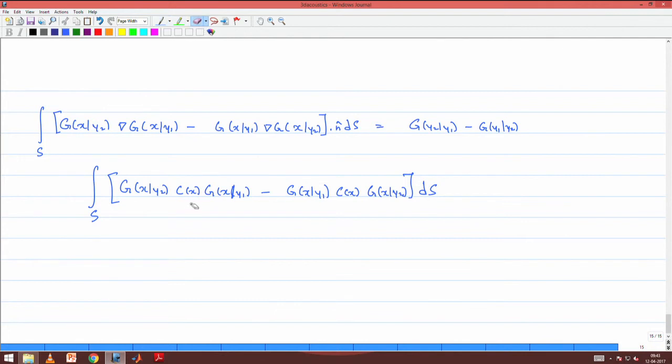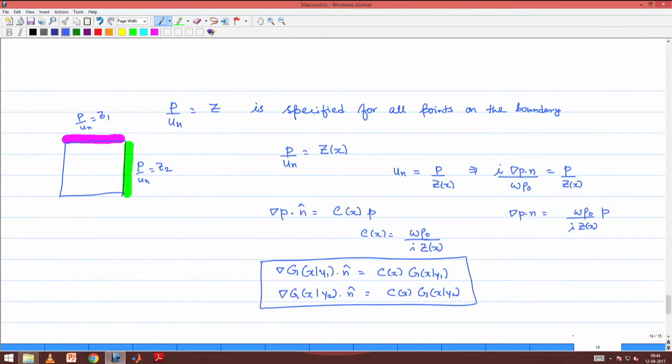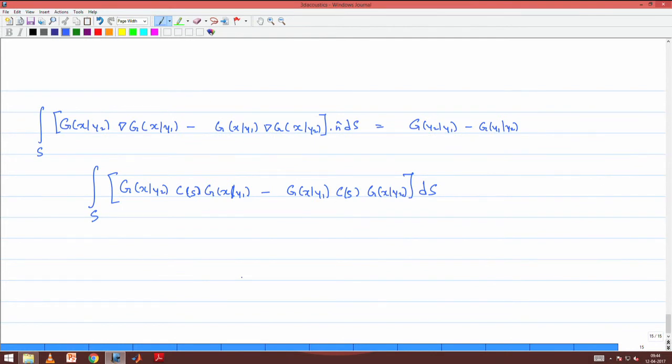A better notation would be, instead of x, to have c depend on s, the location on the boundary, because x is the point where we are receiving the acoustic signal. So, let us not use x. That constant, which in turn depends upon the impedance, could vary from point to point on the boundary, that is the point. So, I will use the notation s.